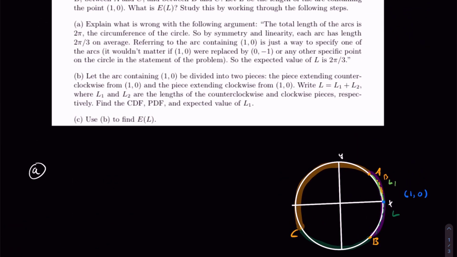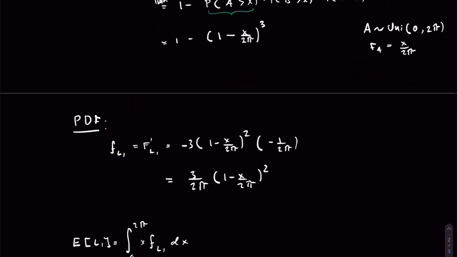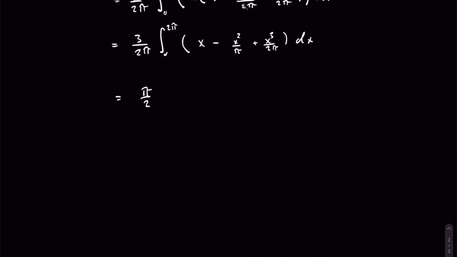Okay, so now in the last part of this exercise, we're going to use information from B to find the expectation of L. Expectation of L. And we said that L is just L1 plus L2. And we use linearity in this equality here.